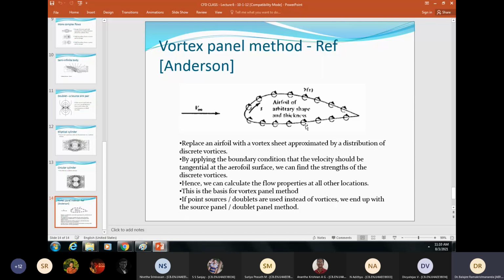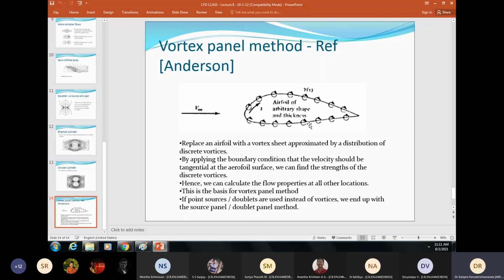Assume that you put a vortex in the center of each small straight line segment, and assume that the strength of the vortex is the same for this small segment, which we call a panel. Now you apply the boundary condition that velocity should be tangential at the airfoil surface, or tangential to all panels.